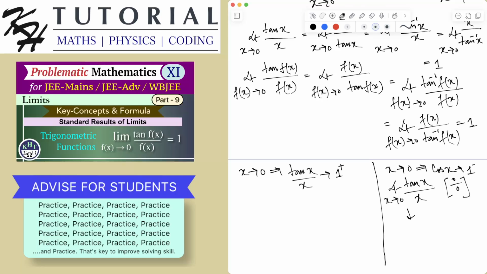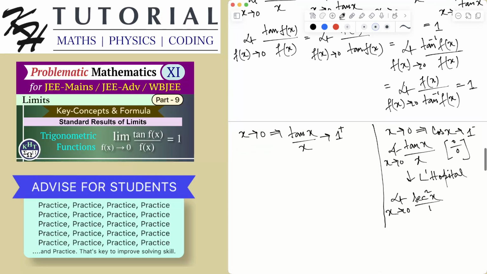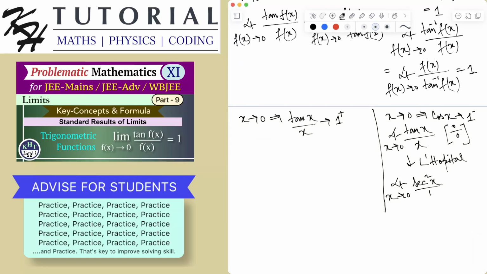So using L'Hopital's rule, this is equal to limit x tending to 0, sec square x by 1. Okay. Now, when x tending to 0, we know that cos x will tend to 1 negative, that is a little less than 1.